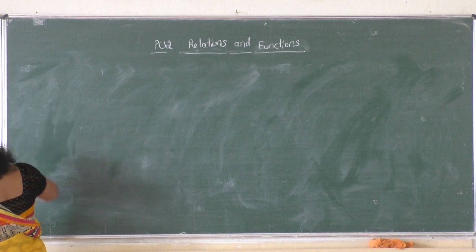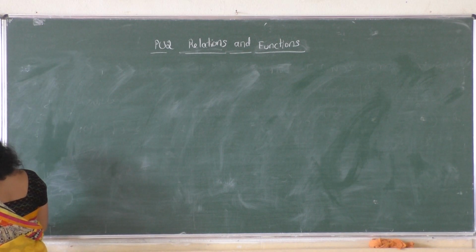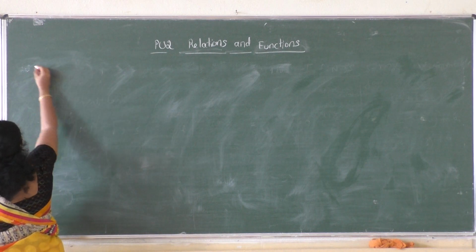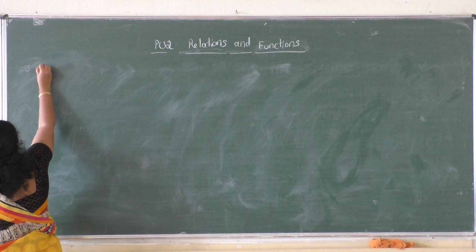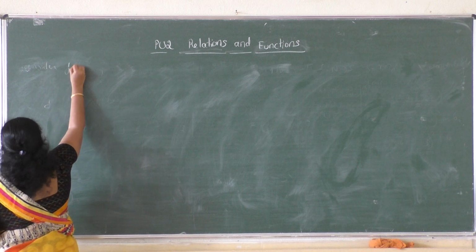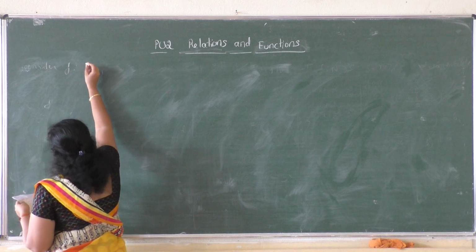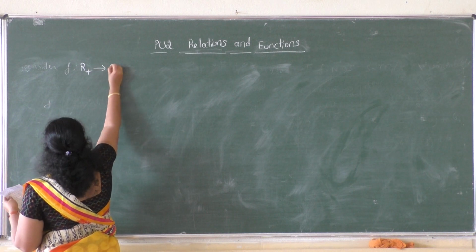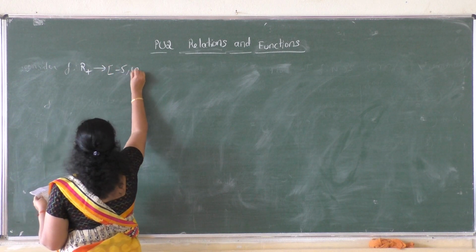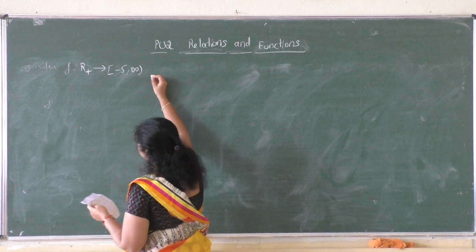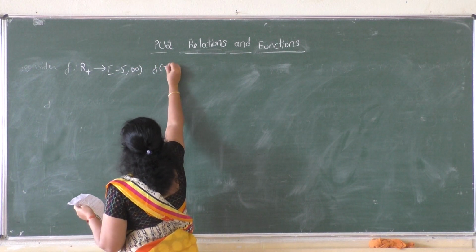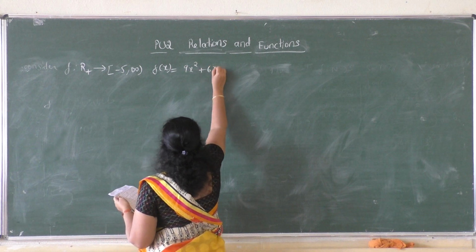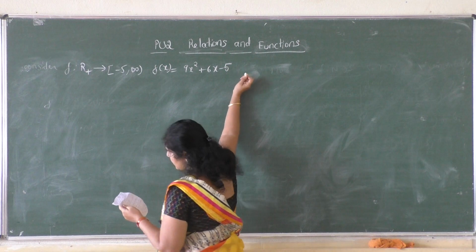Okay, next question. Consider f from R plus to the half open interval minus 5 to infinity given by f of x equal to 9x square plus 6x minus 5.